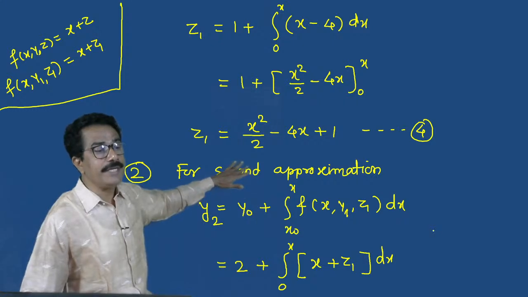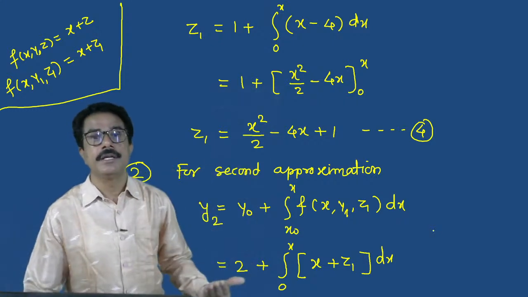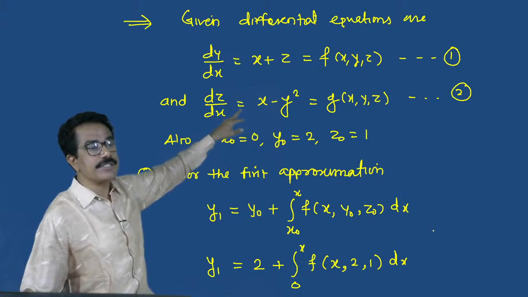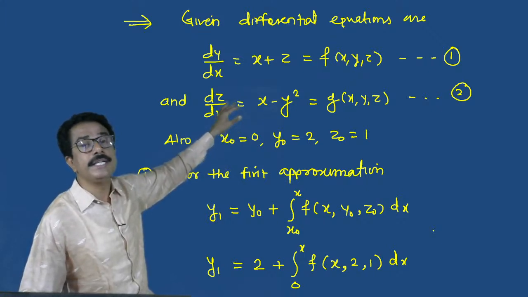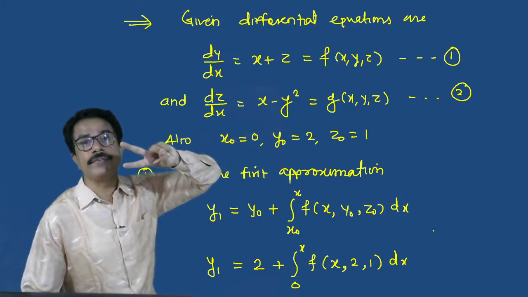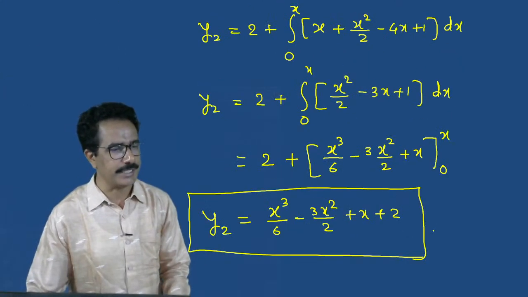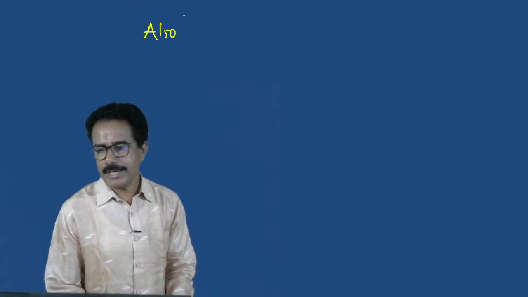Also we can find the second approximation for the second simultaneous equation, z2, for dz by dx. There are two different equations, so we can write this second approximation also. Is it okay?